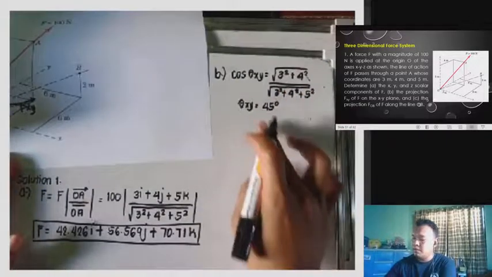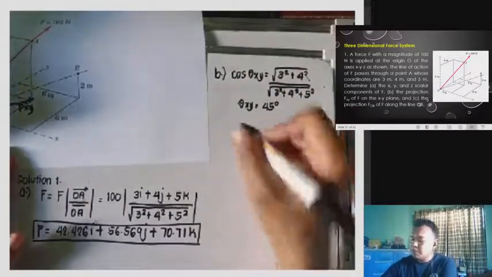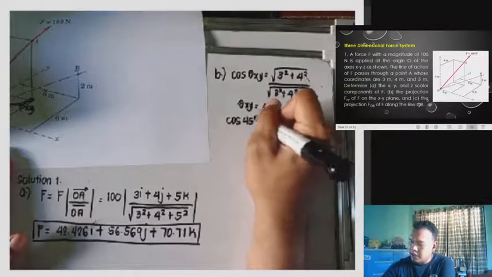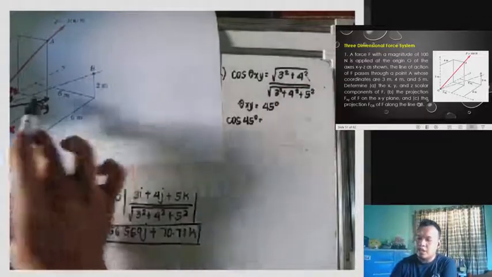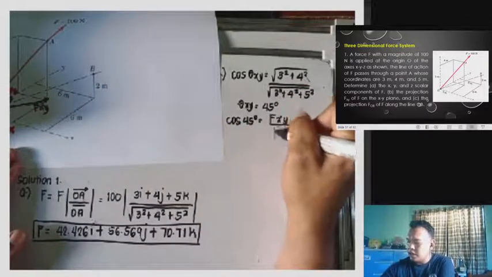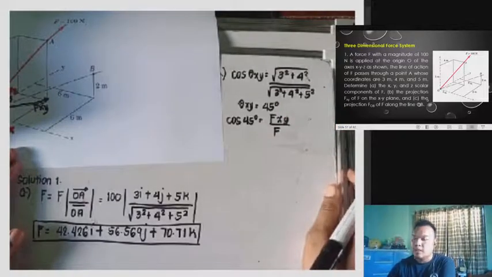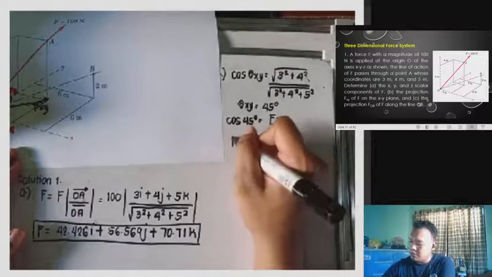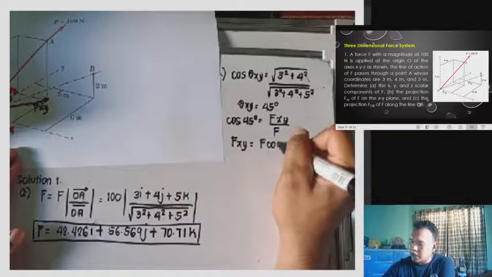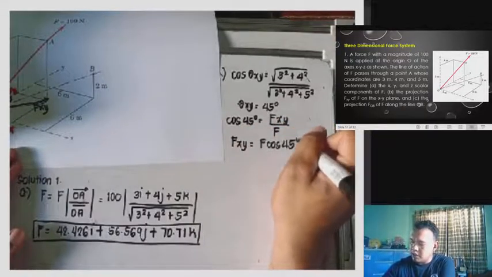Okay, so if you have an angle of 45 degrees, cosine 45 degrees is equivalent to the adjacent Fxy all over F, which is 100. So, therefore, we have here Fxy is equivalent to F cosine 45 degrees.